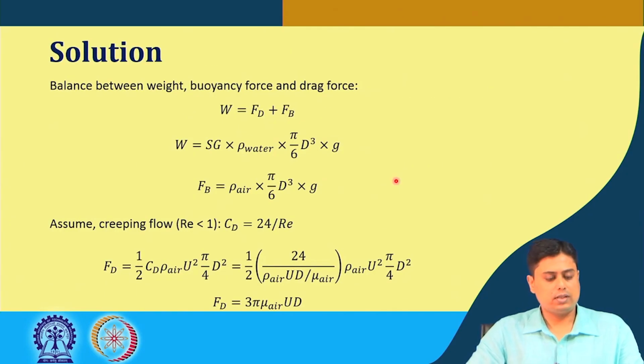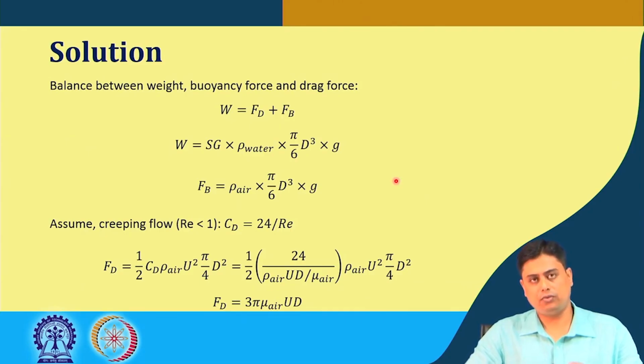For such a problem, you can understand the point that there will be a balance between the weight, buoyancy force and the drag force at equilibrium. The weight of the drop that is falling downward from the top of an 8 feet distance is basically balanced by the drag force and the buoyancy force.